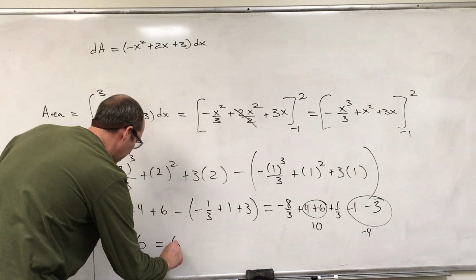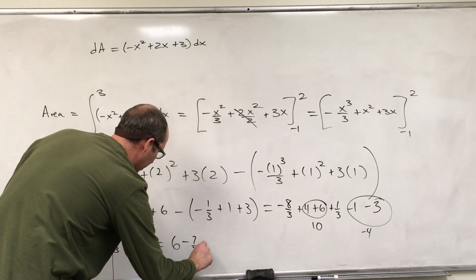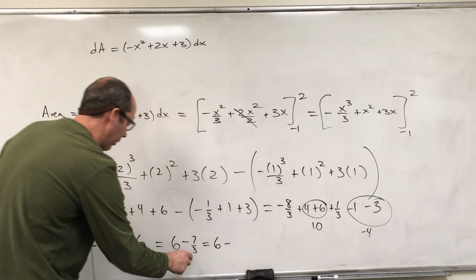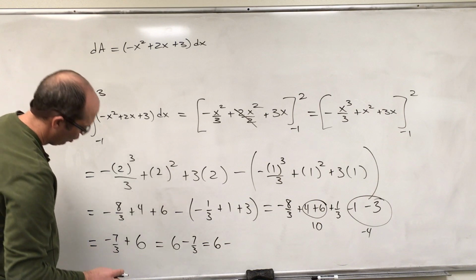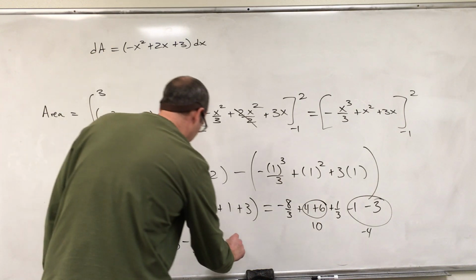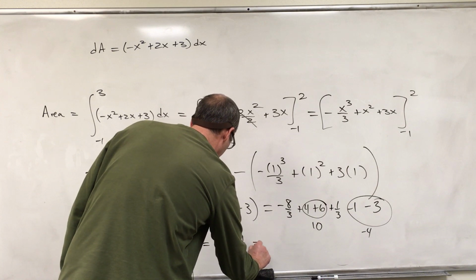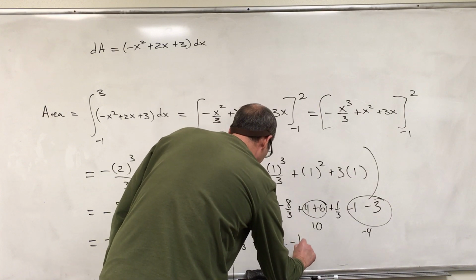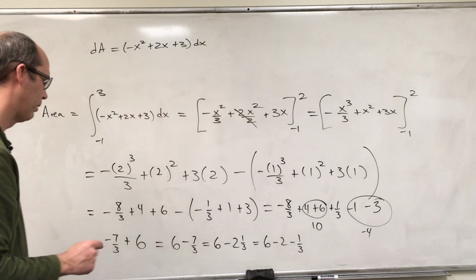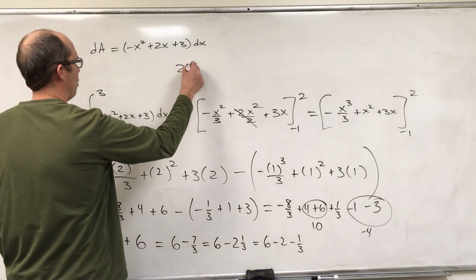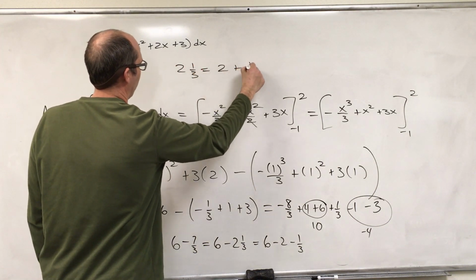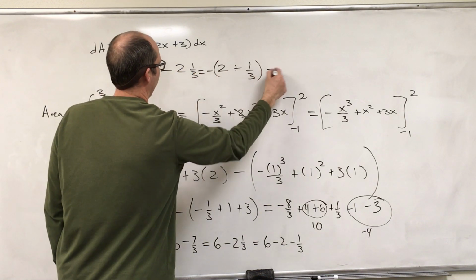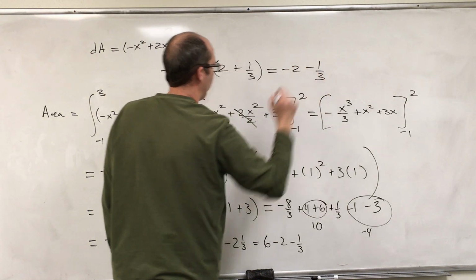So this is 6 minus 7/3. 7/3 is 2 1/3, so minus 2 1/3. So this is 6 minus 2 minus 1/3, because 2 1/3 is equal to 2 plus 1/3. You put a little negative in front of that and you get minus 2 minus 1/3.